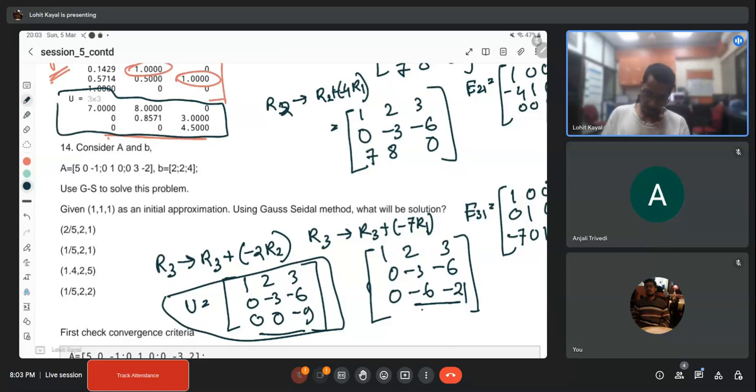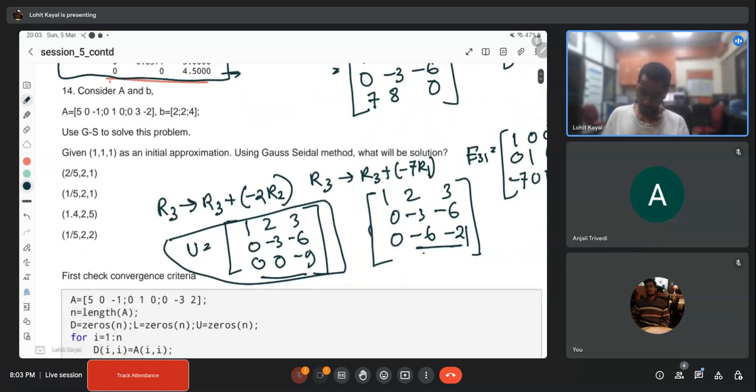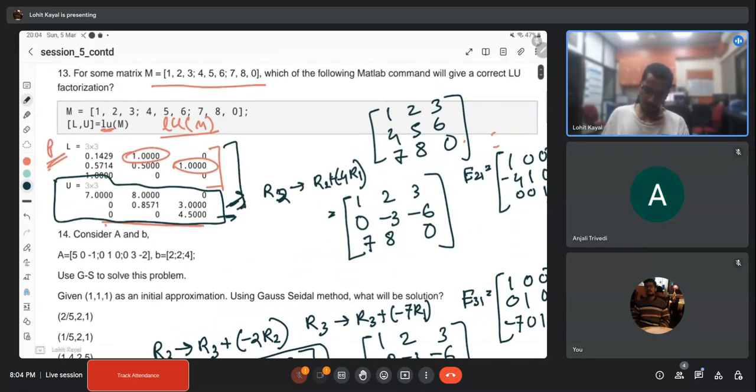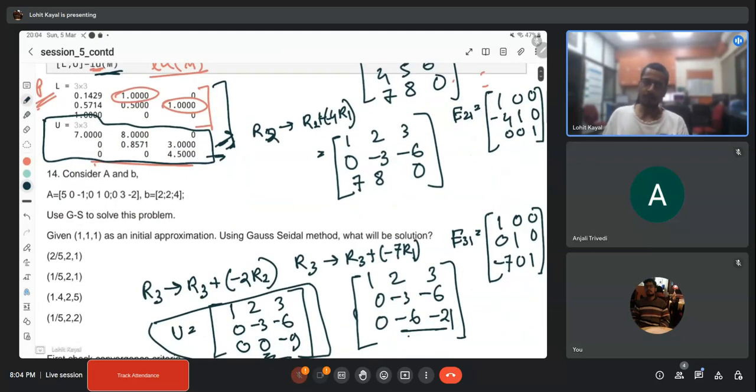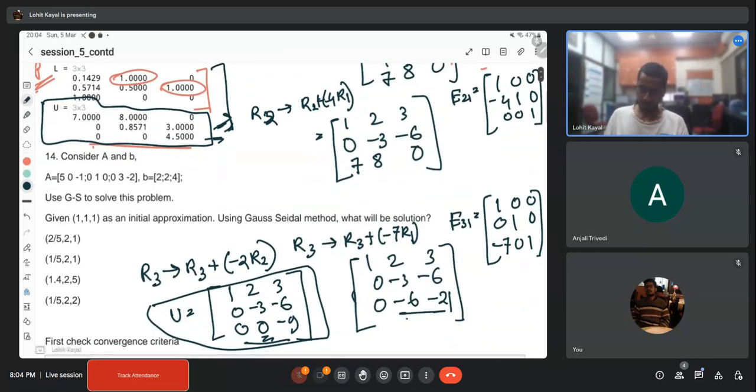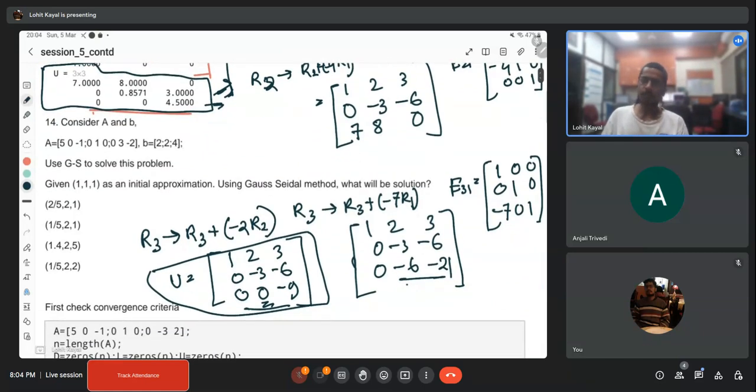This is an upper triangular matrix, slightly different from the MATLAB one, but if you multiply, you will get your desired result. MATLAB is using a different kind of algorithm, so just keep that in mind when you do this kind of calculation in MATLAB.